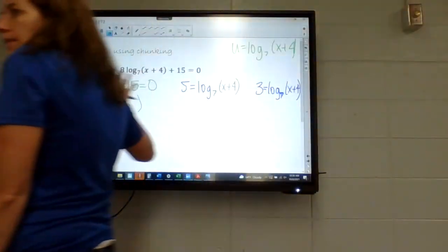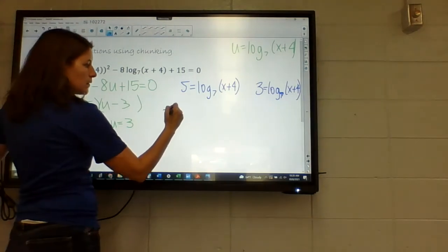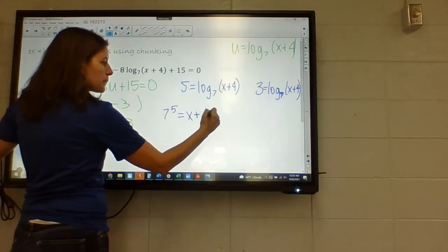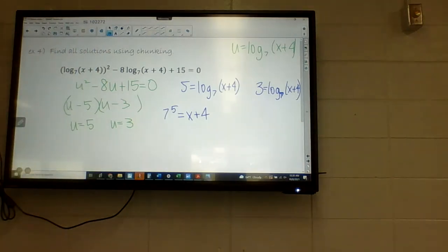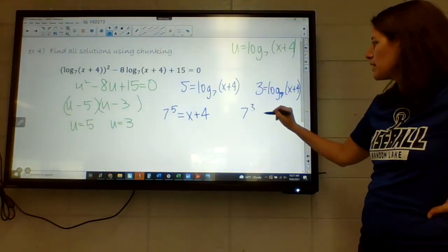How do I rewrite this? 7 to the 5th power would equal x plus 4. You guys okay with that movement? That's why we did that on the last test, converting back and forth. I guess maybe that's 2 tests ago now. And then 7 to the 3rd equals x plus 4.